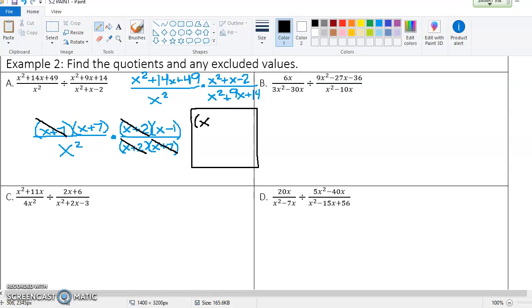We've got x plus 7 and x minus 1 on top. And then we've got x squared on bottom. Now we are running out of time. So the excluded values, I'm not going to write them all out, but I would be looking for things like -2, -7, 0, that sort of thing would be in the ballpark.